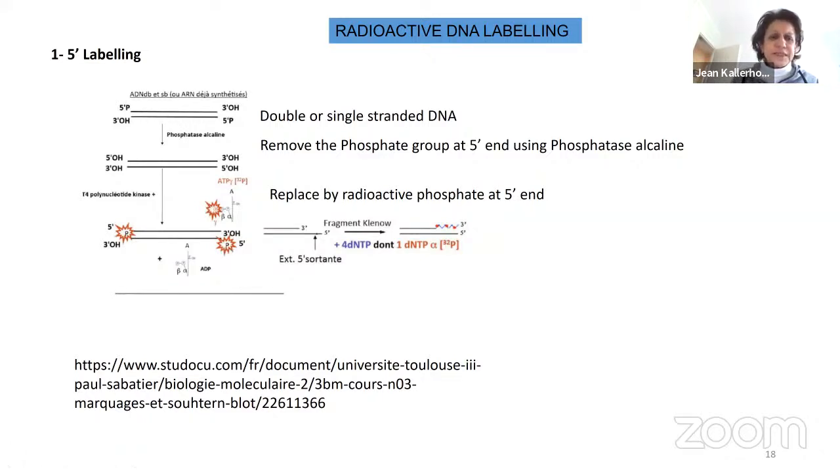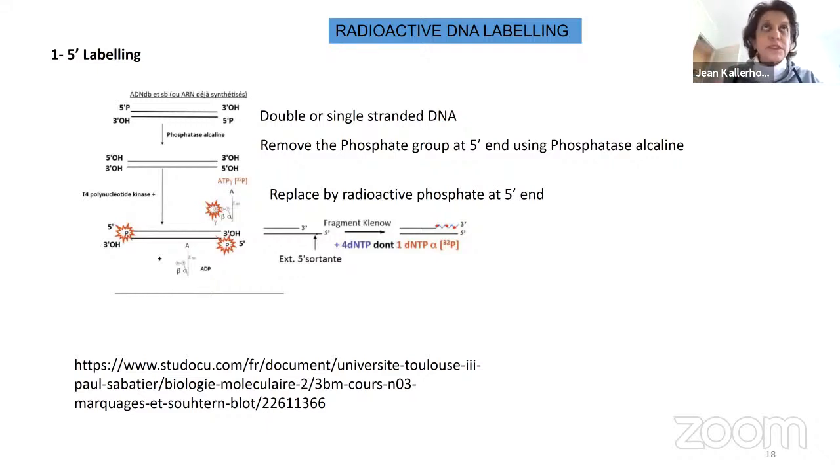So this is extremely useful because these can be used as what we call probes. A probe is like a drone, right? That will go and look for the thing it's looking for.